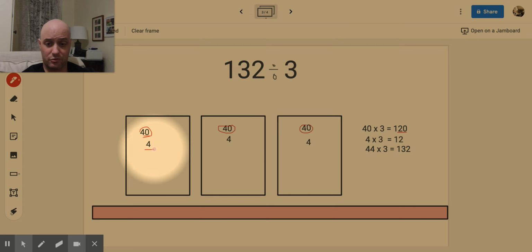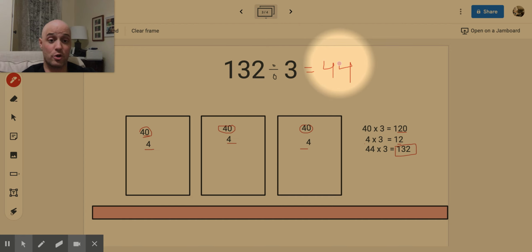How can we distribute 12 more? Let's put 4 in each of those groups, because 4 times 3 is 12, and that would be a total of 44 in each group. 44 times 3 is 132, and likewise 132 divided by 3 is 44. If you got that, you are awesome.